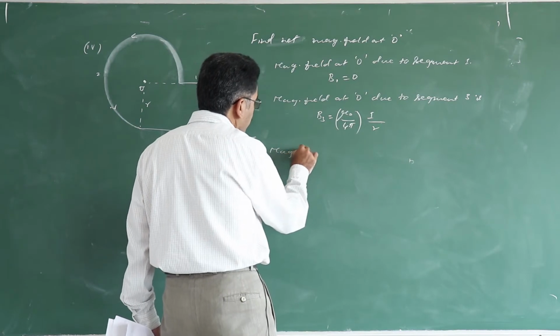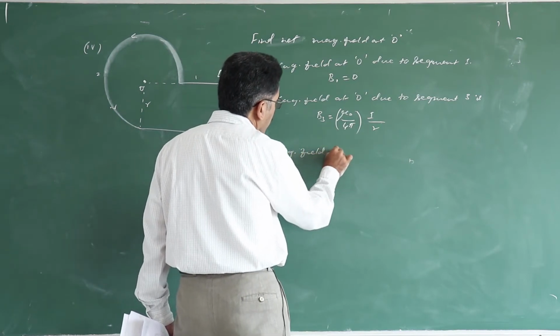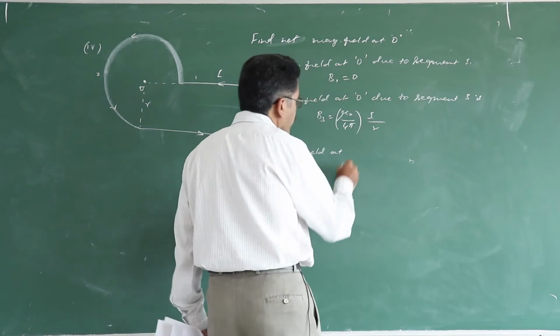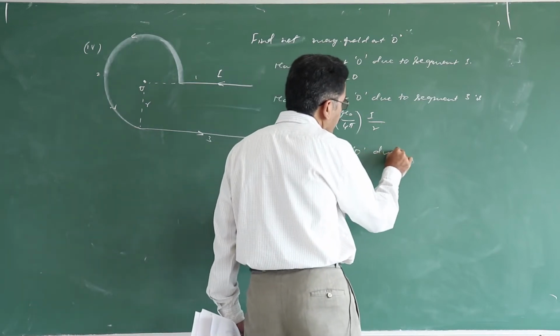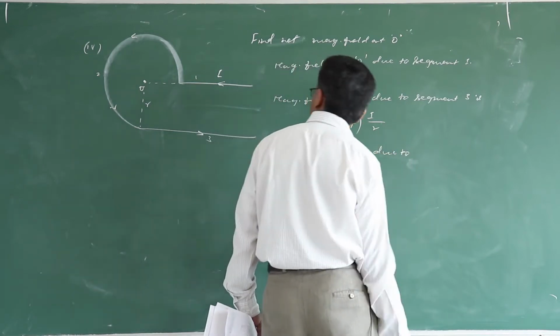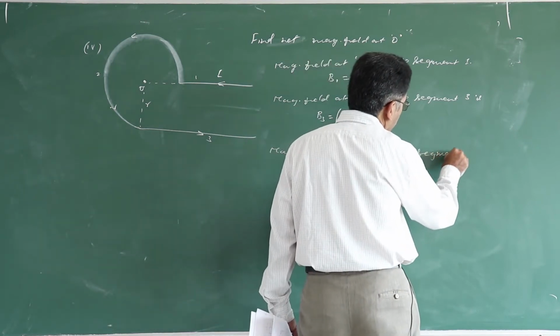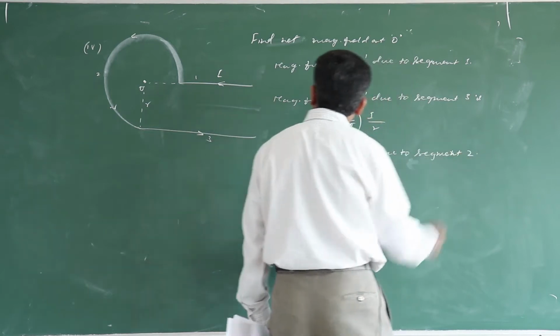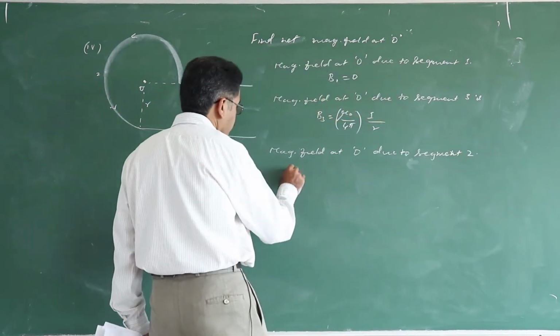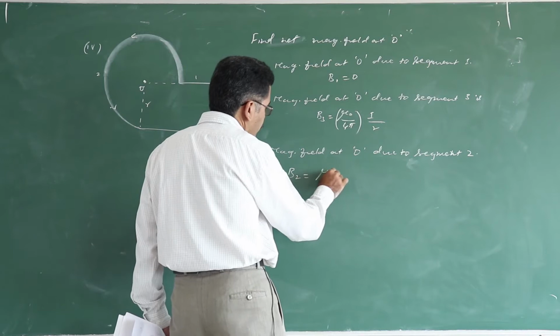The magnetic field at O due to segment 2, B2, is equal to mu naught by 4 pi.